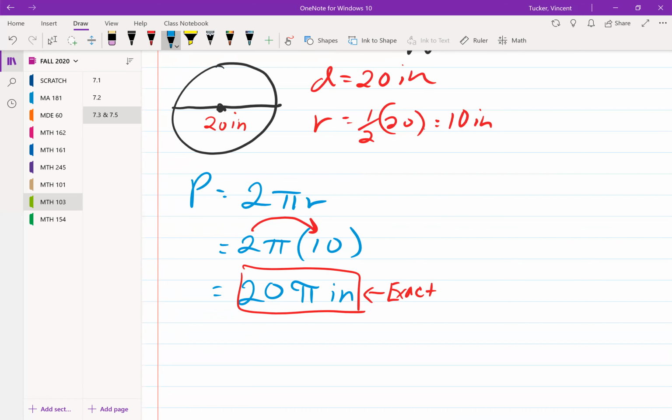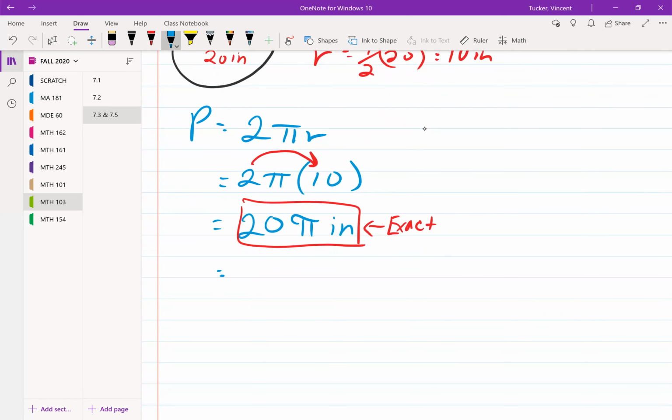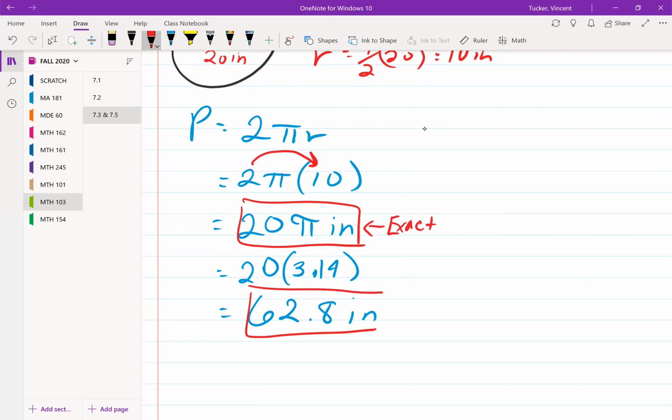So now to find the approximation, you will substitute 3.14, which is what we said we would use for the approximation of pi. You'll plug in 3.14 for pi and multiply. So that'd be 62.8 inches, and that would be your approximation.